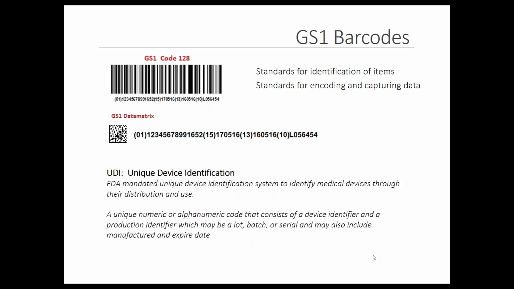And finally, I'm wrapping up with a barcode standard that's in the industry today called a GS1 barcode. Also, if you're in certain industries, you might be mandated to use a UDI, a unique device identification, which uses the GS1 barcode function. It's an industry standard, so it's very standardized.